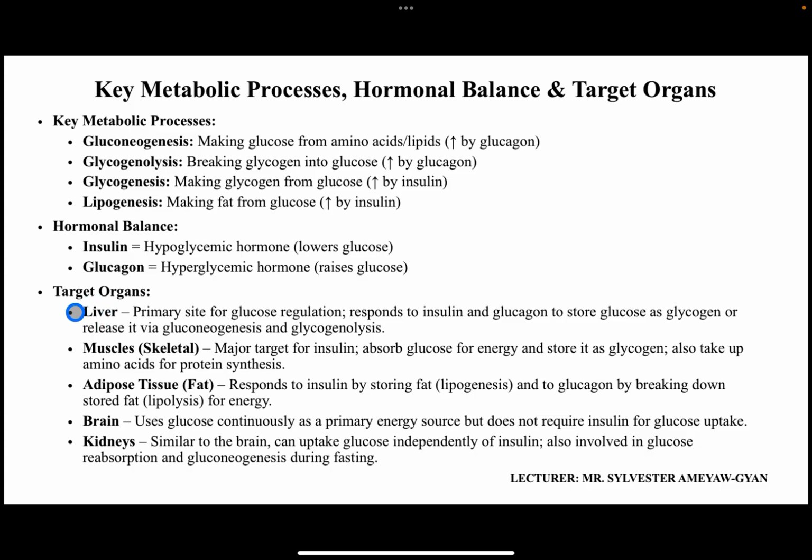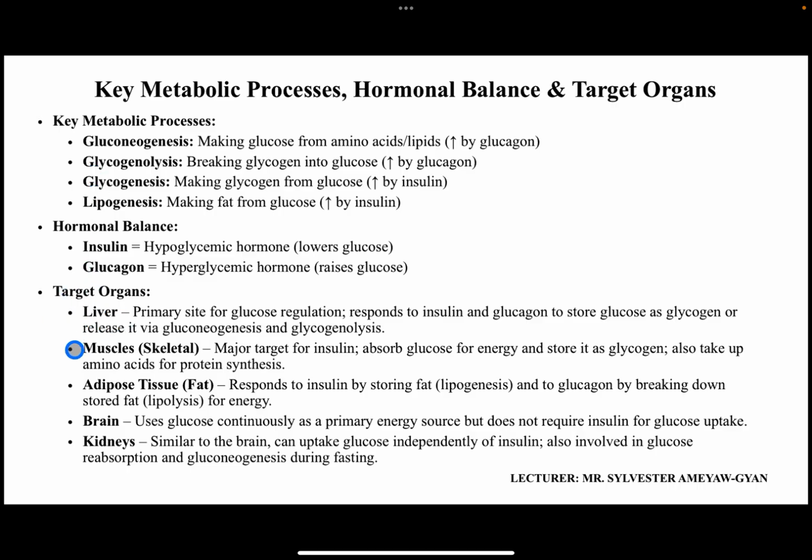Another thing is that when glucagon levels increase, glucagon will also act on the liver and convert excess stored glycogen back into glucose to be used by the body through a process we call glycogenolysis.